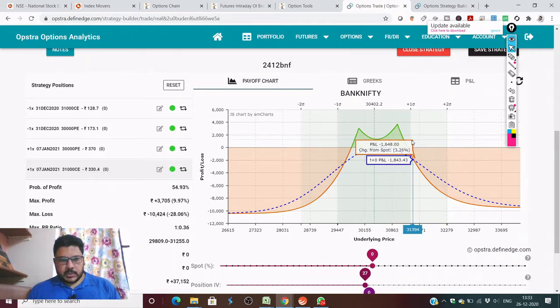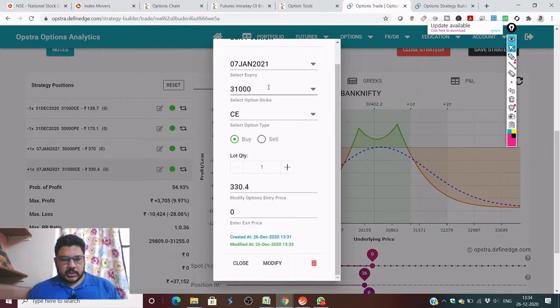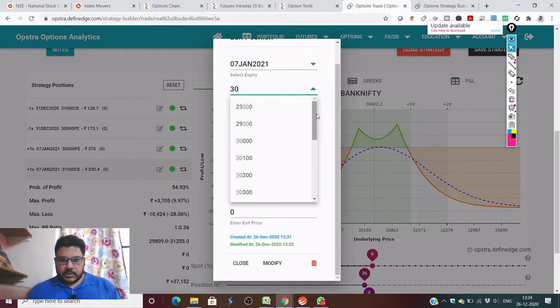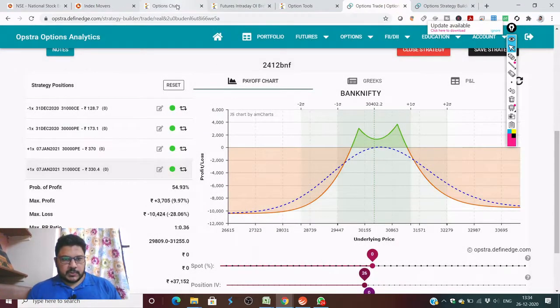In this strategy, if you are saying that the market will go up, then you have to take a strike a little bit closer. Like we have taken 30,000 and 31,000, right? So we can actually take a different strike. Let's look at the option chain first.